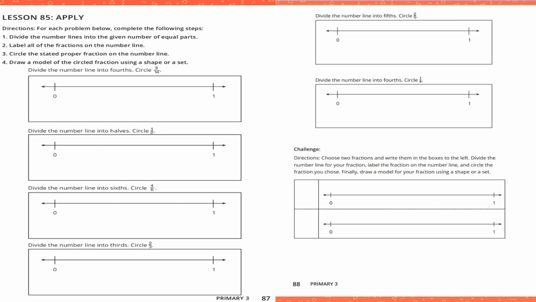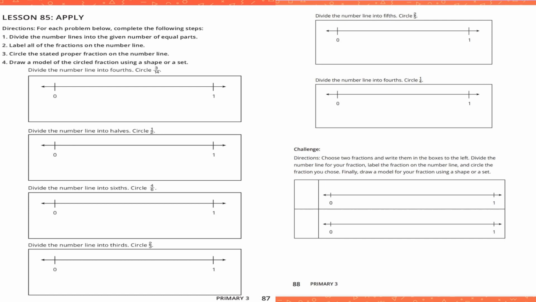Okay, the first, divide the number line into fourths. Fourths, it means how many equal parts? Yes, 4 equal parts. And circle 3 over 4.